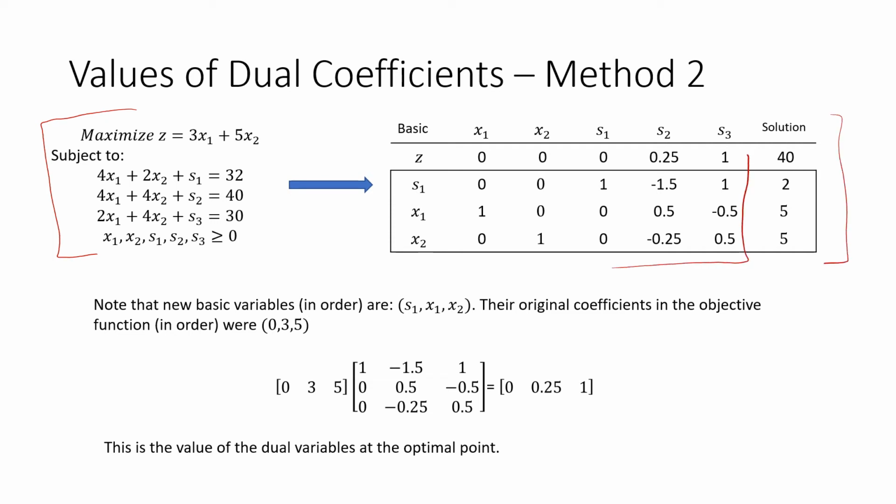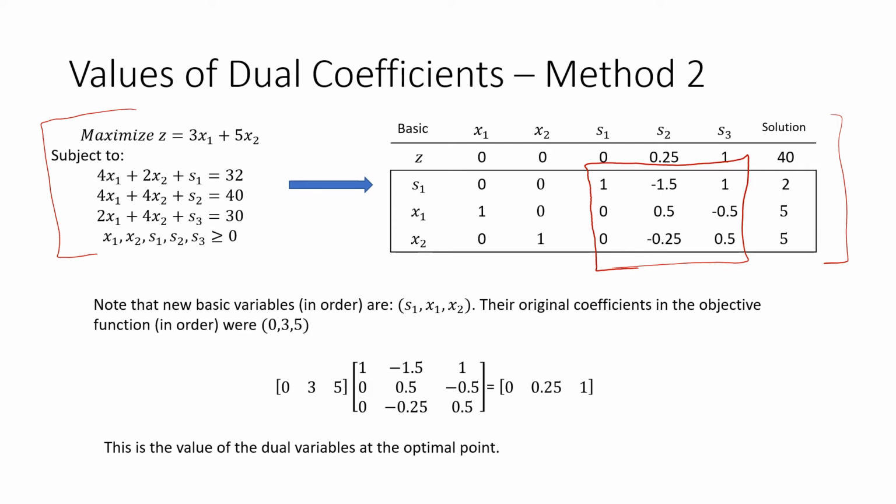We said, take a look at our original basic variables, see what their values are now in the tableau. That gives us a matrix, and we call that an inverse matrix. What can we do with that? Well, we can use that matrix to convert our original values into our dual variable values at the optimum point.